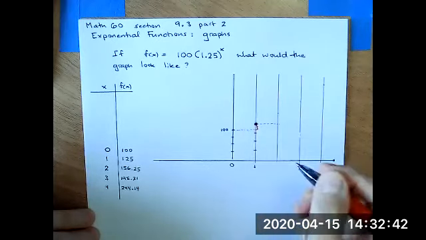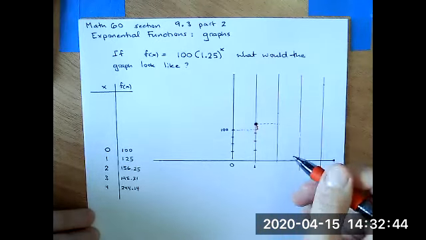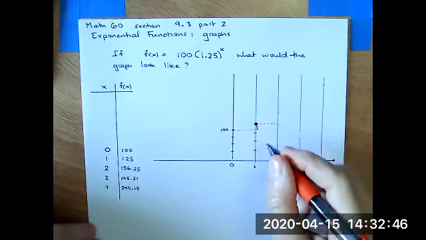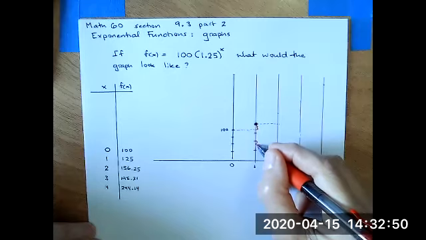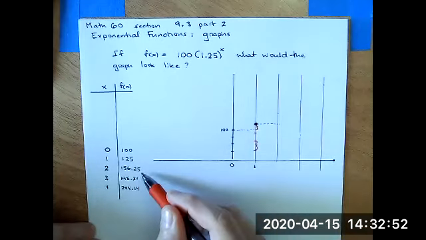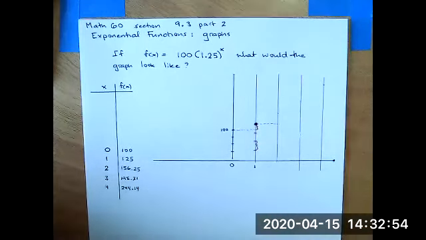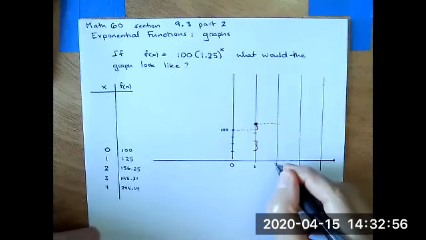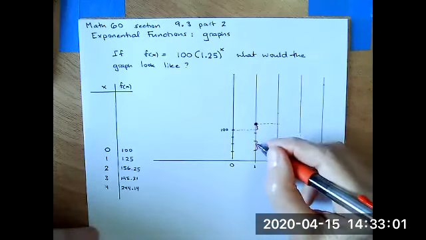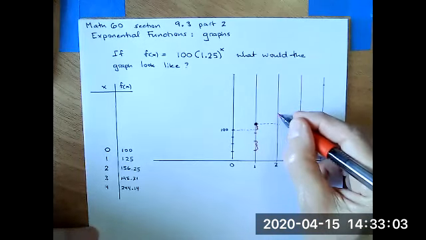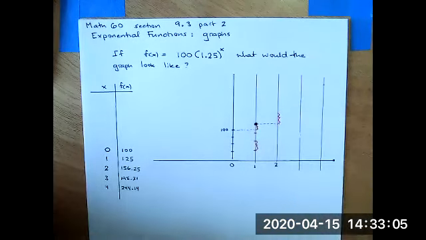So you're not adding the same amount, you're adding the same percent, but it's a percent of a larger amount. So after 2 years, the value is 156.25. We've added 1/4 of the previous amount.